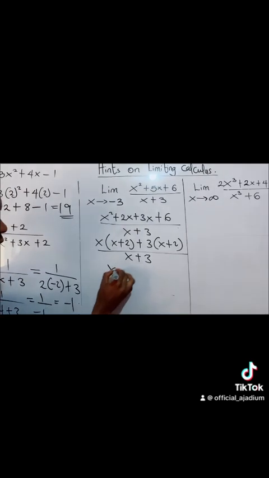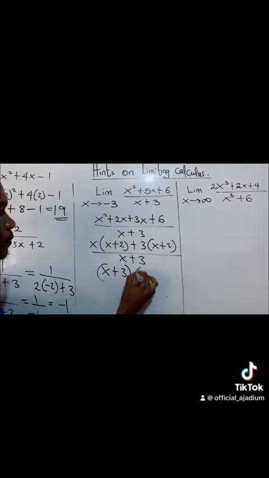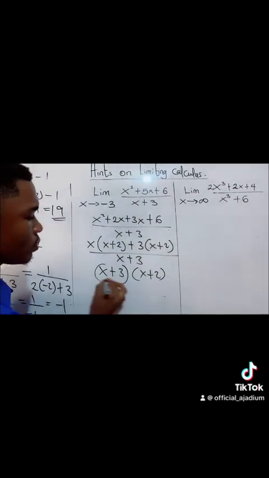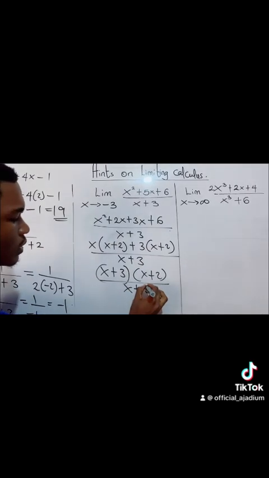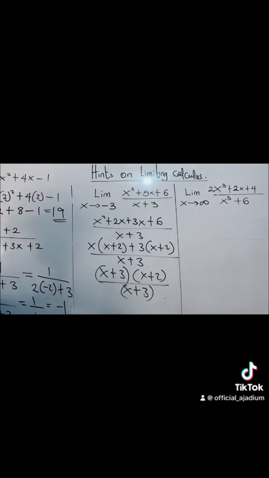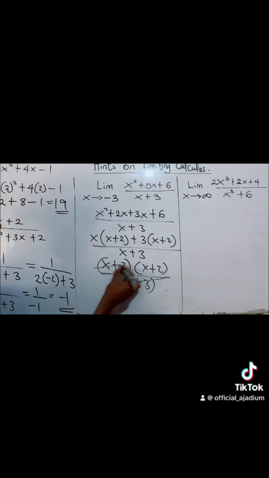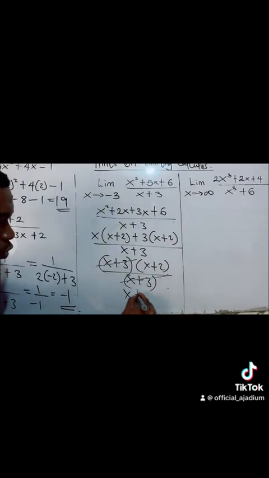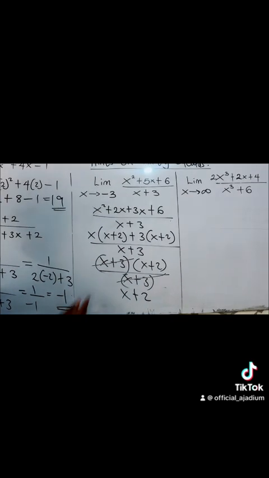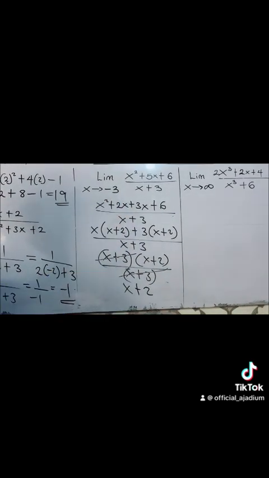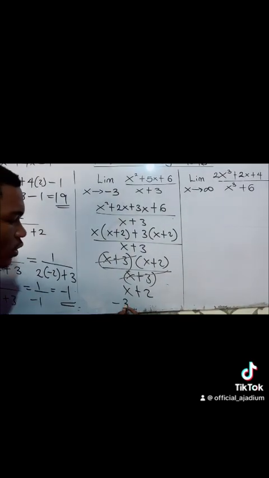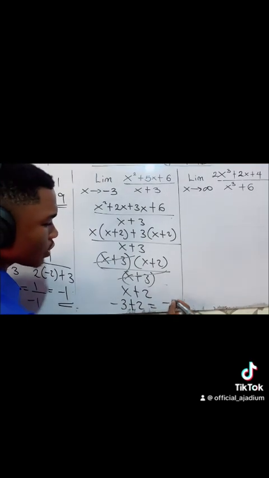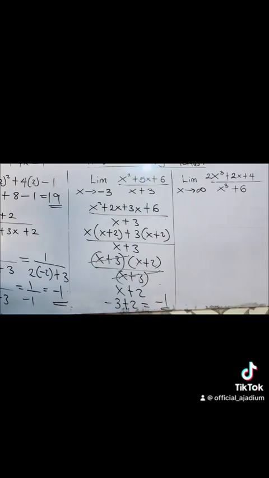Then we can say x plus 3 times x plus 2 divided by x plus 3. Then we can see that x plus 3 cancels x plus 3. So what do we have left? x plus 2. And now we can substitute the value of x. When we substitute the value of x, that will be minus 3 plus 2, and that will give us minus 1. And that is how we go about the question.